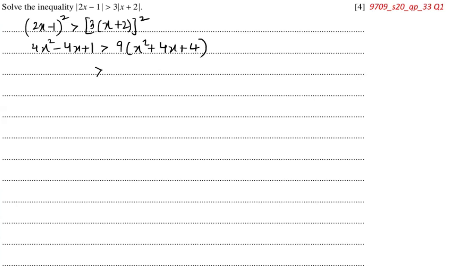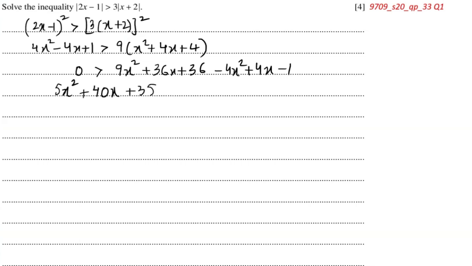Whatever way you do your expansions, 9x squared, 36x, and 36. And well, I can make this 0, add 4x and subtract 1 as well, right? So this will be 5x squared plus 40x plus 35 less than 0.